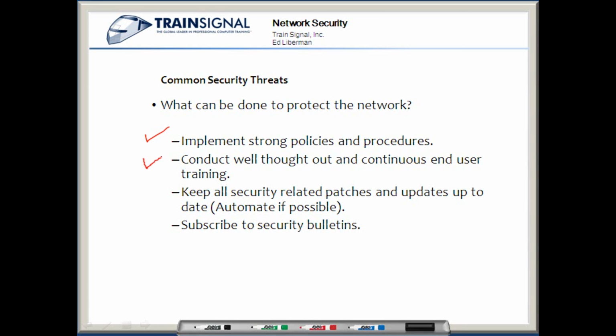You can also conduct well thought out and continuous end user training. Now, you want to be careful with this one, because first of all, this one is crucial. End user training is one of the most important things you can do to help protect your network. The number one vulnerability that any network administrator has on their network is the end user.